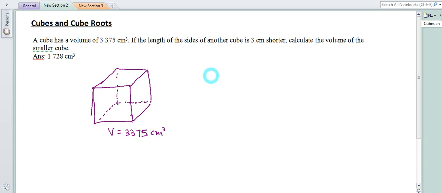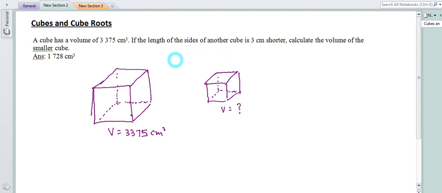And we have another cube which is smaller. And now we are asked to find the volume of this cube.